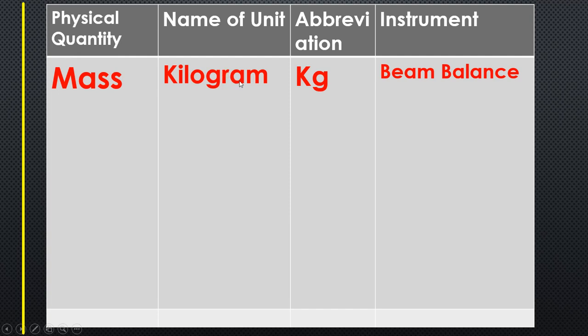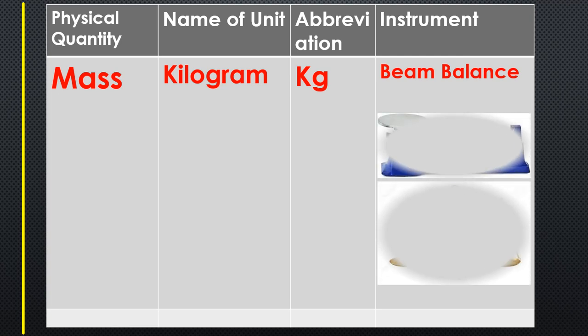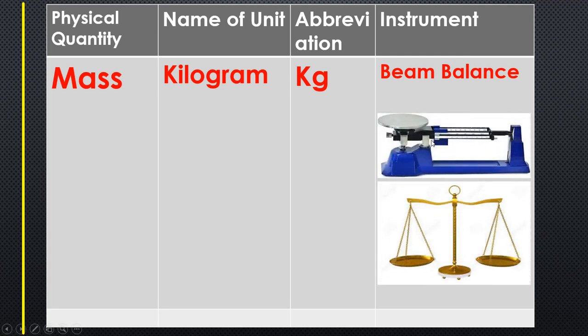The SI unit for mass is kilogram, and the abbreviation is kg. Which instruments do we use? I believe you have the answers, but you can use a beam balance or a weighing scale. This is a beam balance. Here I have a picture showing you a beam balance and a weighing scale.